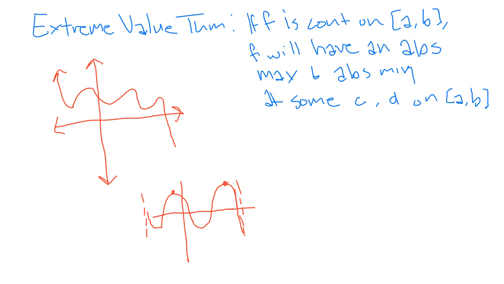We could have two that are the exact same height and two that are the exact same depth. Those would still both be the absolute, since essentially their y values are the same. And sometimes you'll have an interval maybe like this, where even if you're not at an actual peak, you still have a highest and a lowest point.